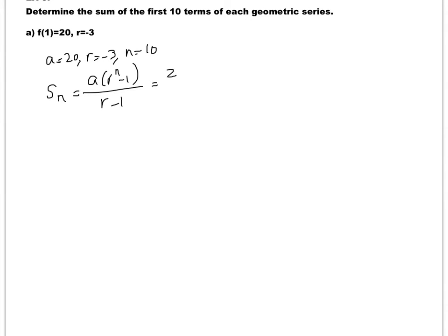A is 20, r is negative 3 exponent 10 minus 1, divided by negative 3 minus 1. If you use a calculator, this becomes negative 295,240.